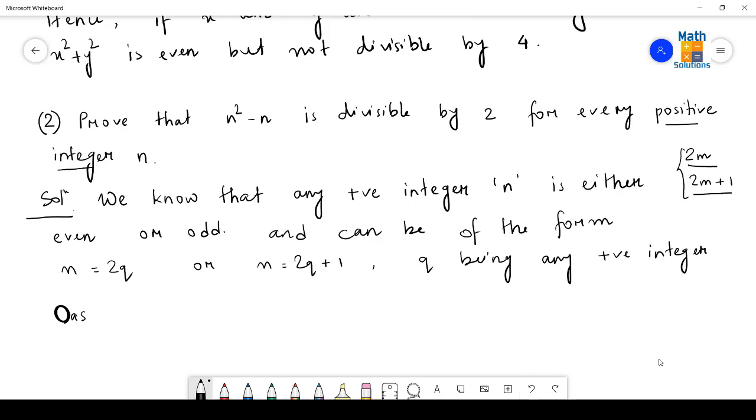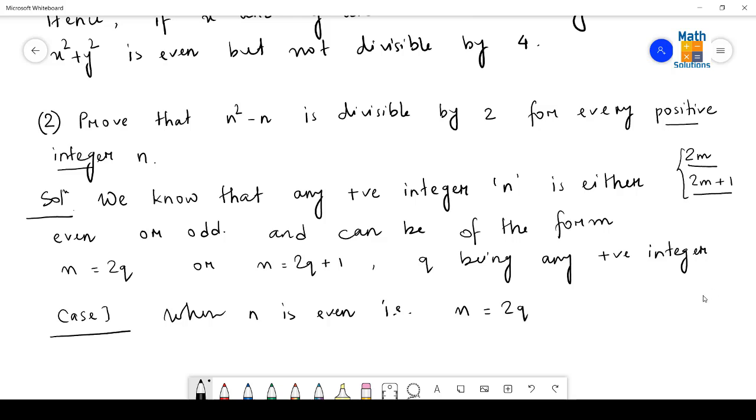Let's delete this part. So this is case 1. For case 1, I can write when n is even, that is n is equal to 2q.